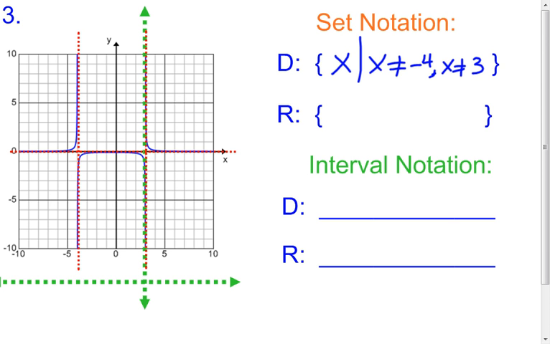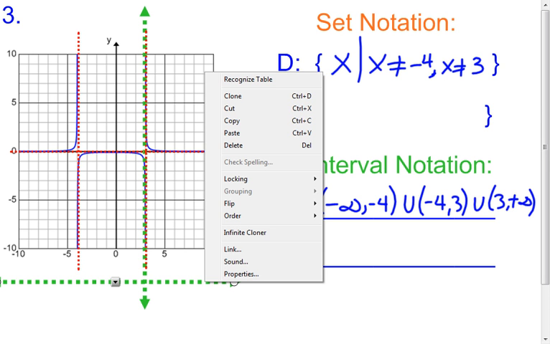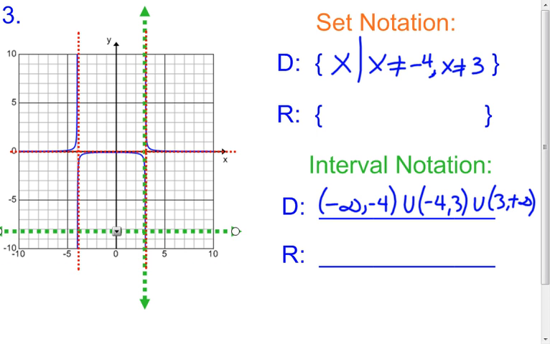Domain-wise, we're going to go from -infinity until we hit -4. And then we're going to go in between -4 and 3, and then we'll go from 3 to positive infinity. But it can't be exactly -4 and it can't be exactly 3. For your range, if you go up and look at your y values, I will always intersect a blue line here, here, here.